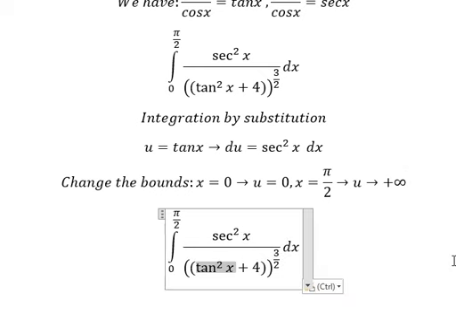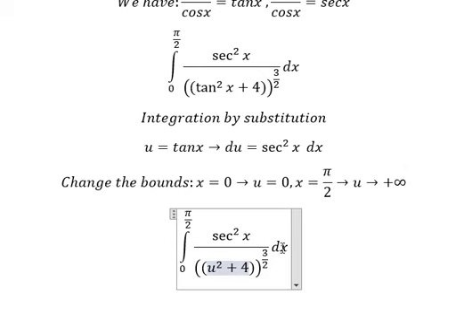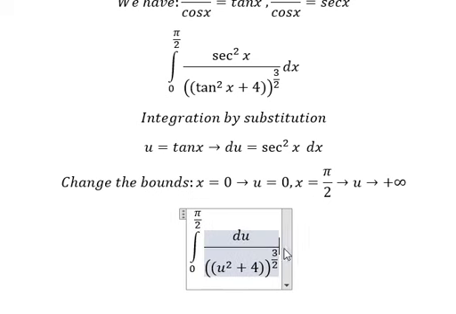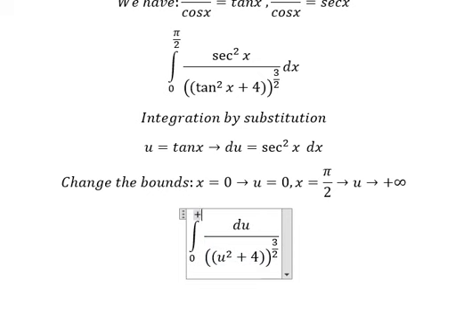This one we change to u, and secant of x squared dx we change to du. So 0 we keep the same, and pi over 2 we change to positive infinity.